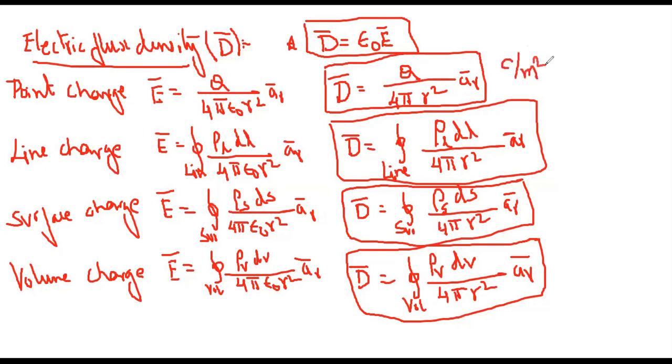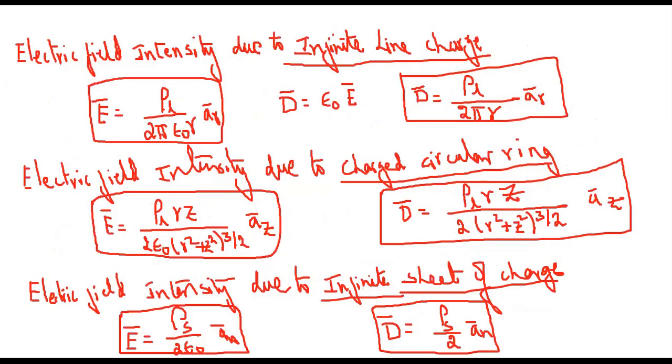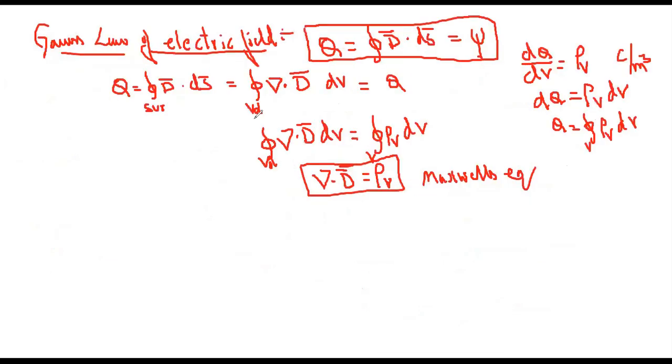All of these are coulomb per meter square only. You can derive all the equations by using Gauss law. For the infinite sheet also, by using Gauss law, you can derive.